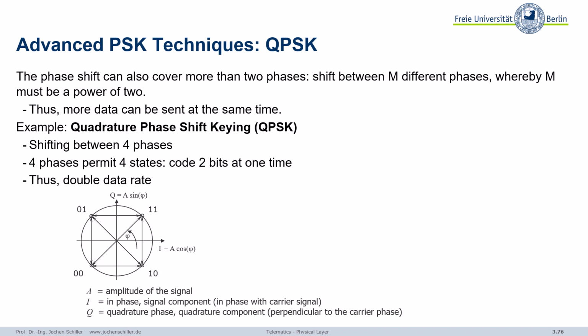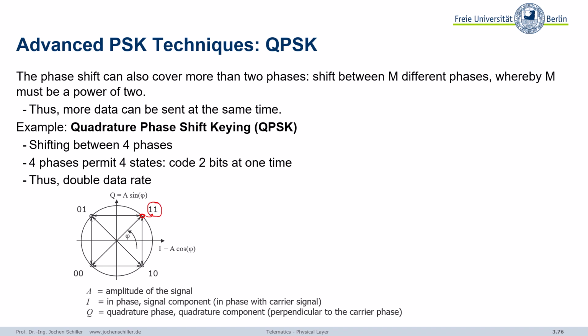Why? What we've seen here is a so-called constellation diagram, where we have a point, and this point now codes 2 bits, 1, 1.